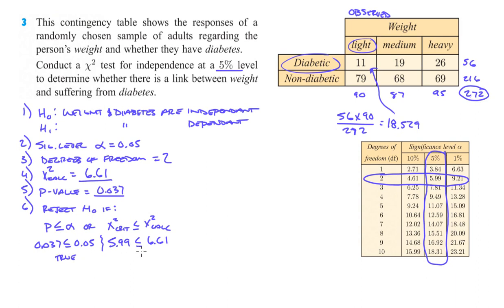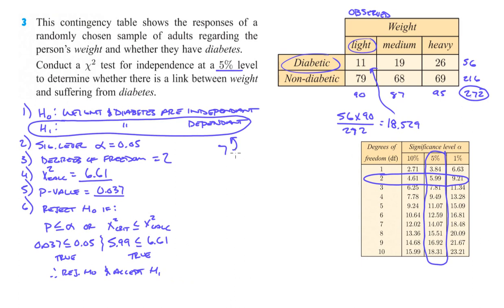And over here, 5.99 is also less than or equal to 6.61, so that is also true. Okay, so in both cases here, we're going to reject H0, so therefore reject H0 and accept H1, that weight and diabetes are dependent on each other. Okay, so that's step 7, determine if they are, and yes, we're going to accept H1.